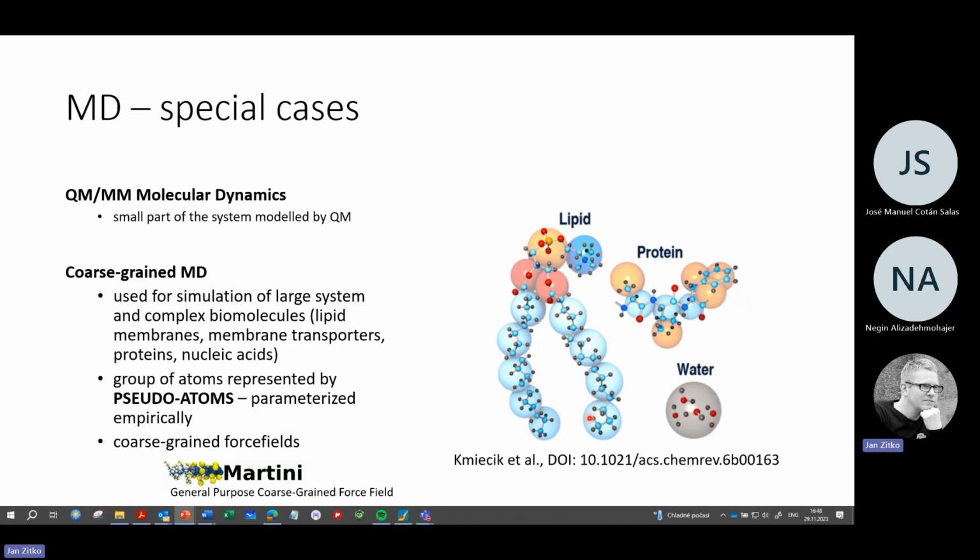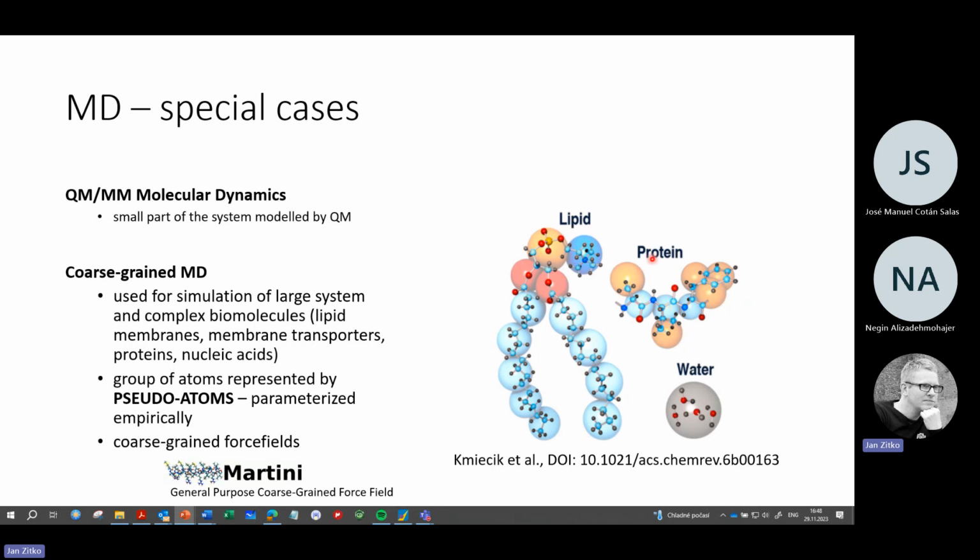So this can speed things up, because remember that the speed of the computation is exponentially dependent on the number of particles. So if you decrease the number of your particles, you speed up your simulation significantly. Maybe more obvious for you will be the protein, because you know the amino acids very well.